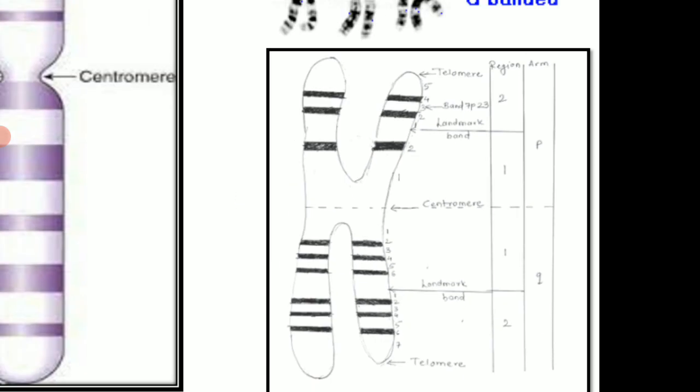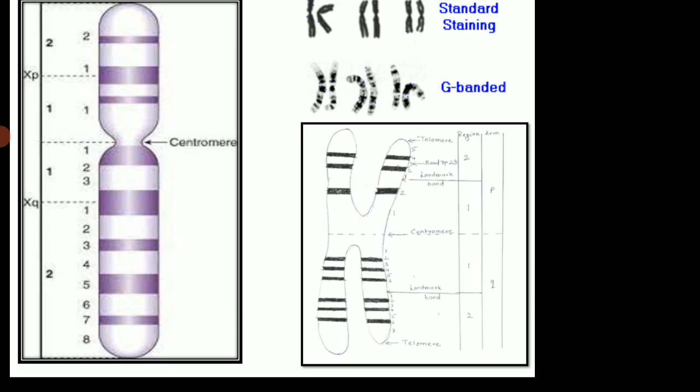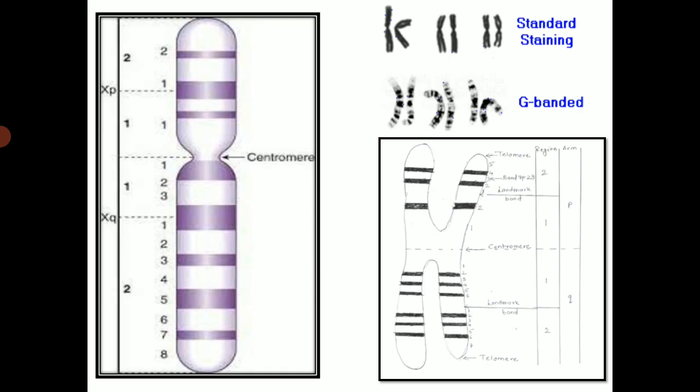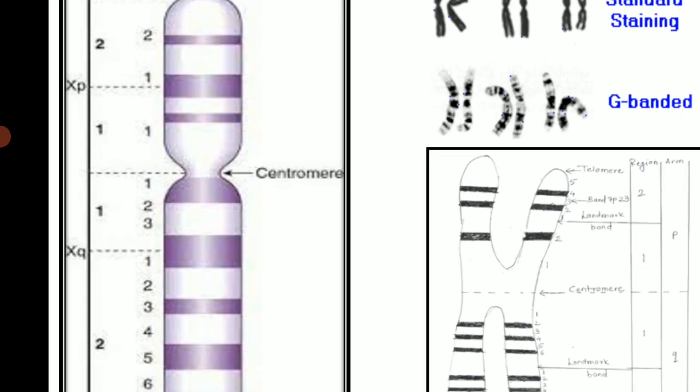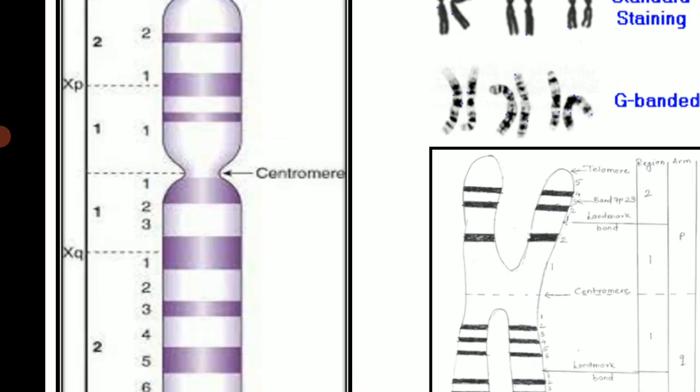Okay, now about the banding techniques, you can see it in this picture also. You can see easily. This is P arm, this is Q arm, then this is region 1 and region 2. Okay, and then these bands are named 1, 2, 3, and 1, 2, 3 like that. They can be named.